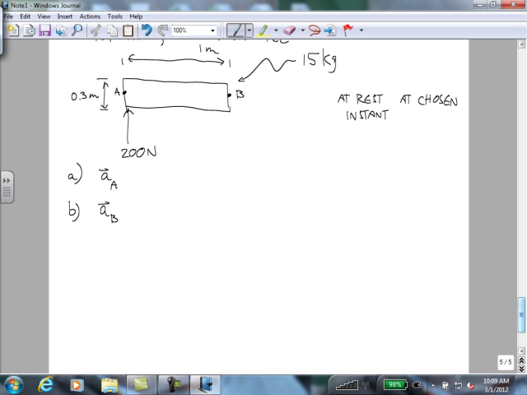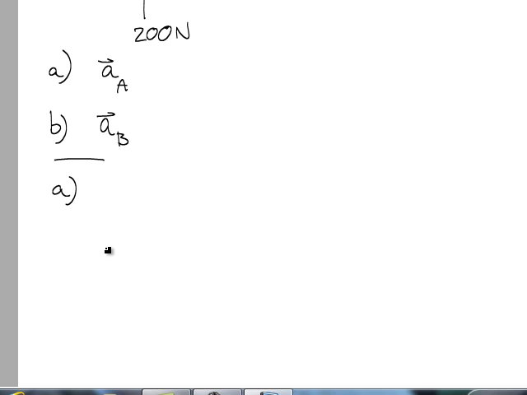Okay, so first for part A, you can just go through these 7 steps. Is there a fixed point in this problem or not? Nope. This is just free to fly. So no fixed point. Use the center of mass.